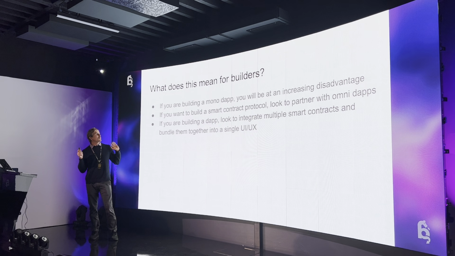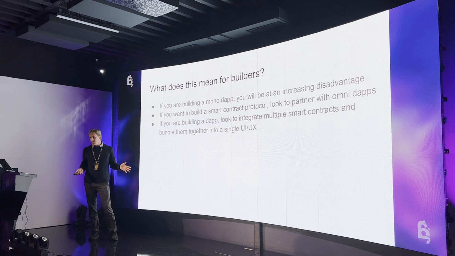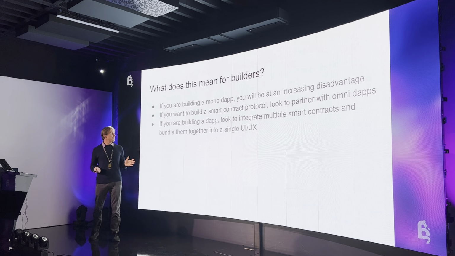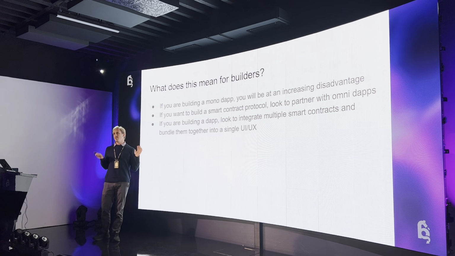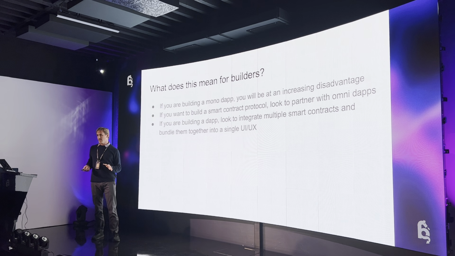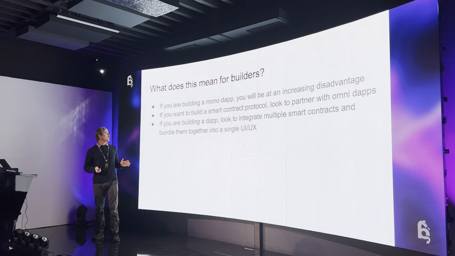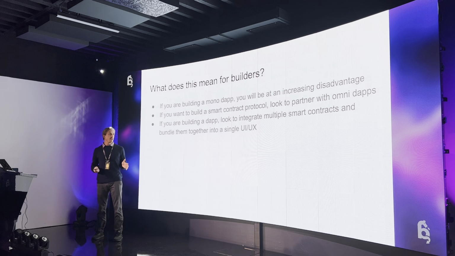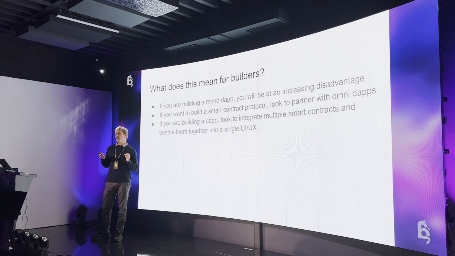And so what does this mean for builders? First of all, if you're building a mono dApp, you're going to be at an increasing disadvantage. Second of all, if you want to build a smart contract protocol, look to partner with Omni dApps.